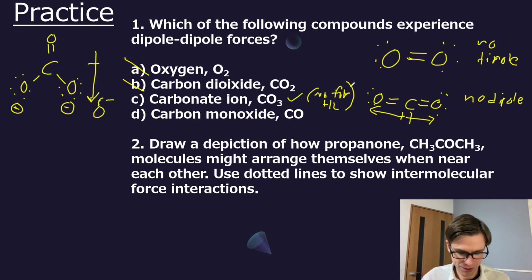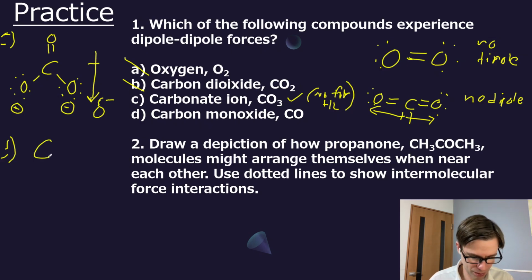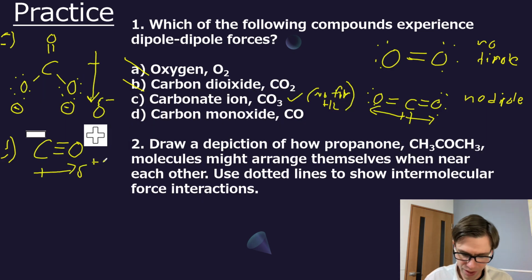A little bit of extra knowledge there. Okay, carbon monoxide, CO. This is D here. This will certainly have a dipole. It's just carbon triple bonded with oxygen. So those can arrange near other CO molecules and generate dipole-dipole forces.